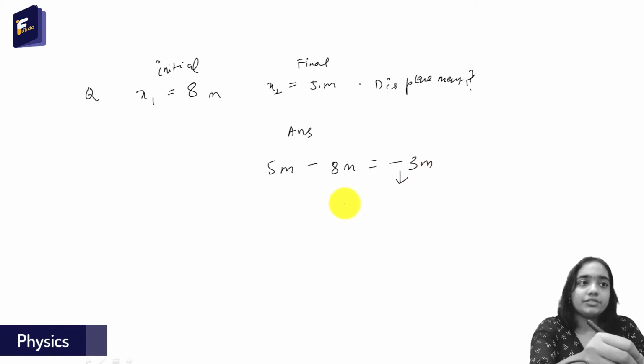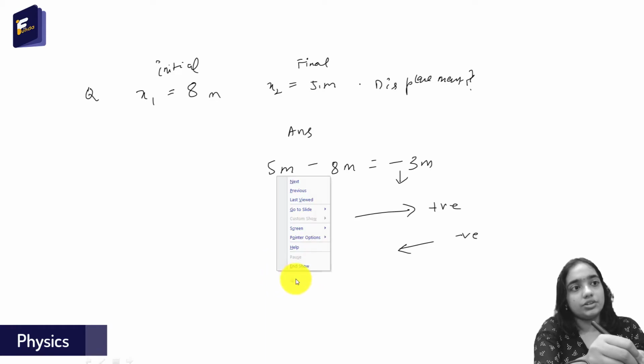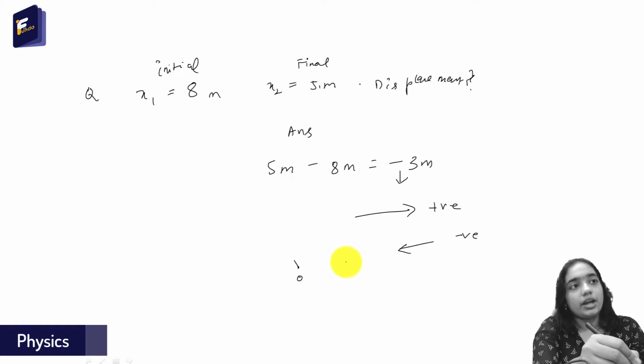As we have defined the right side as positive and the left side as negative, if the origin is here, and the particle was initially at x equal to 8 meter, then it went to x equal to 5 meter. So see this arrow.